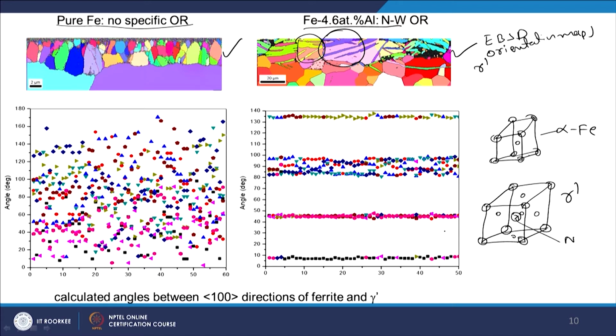Now, this already tells that whenever things are developing with a specific relationship, that is the most possible or an easy way to develop the gamma prime iron nitride with a defined relationship with the alpha iron matrix. That is why you see them growing like plates like this.